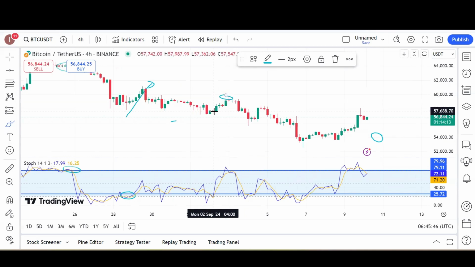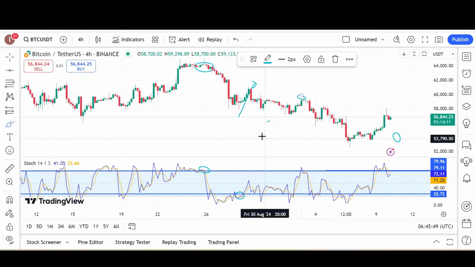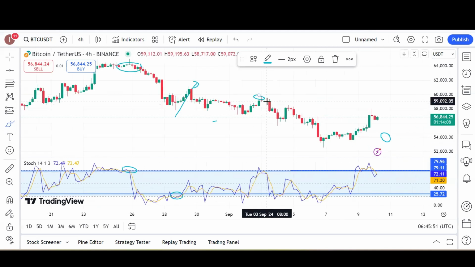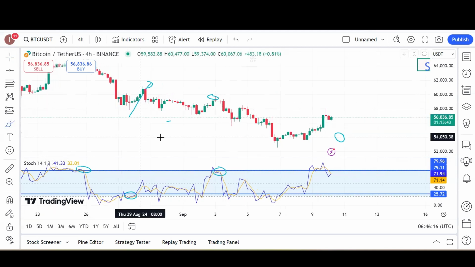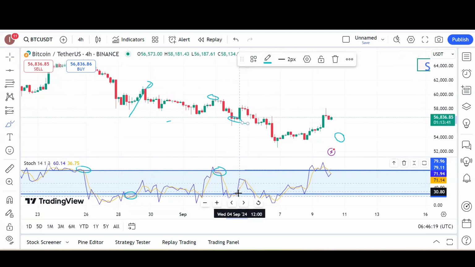During the overbuying, the market shows us the sell signal when the yellow line crosses the blue line, and then the market goes in a downward direction. And again here, when the blue line crosses the yellow line, we get the buying signal, and now the market goes in an upward direction.